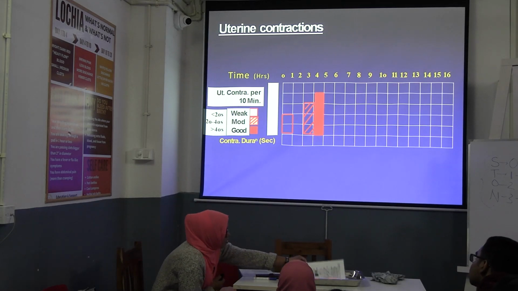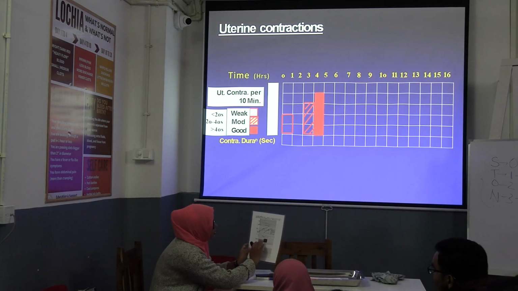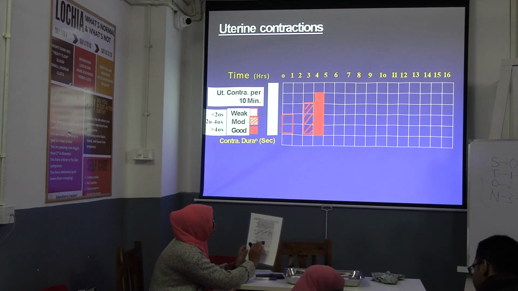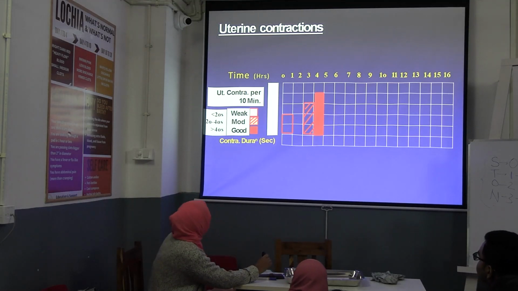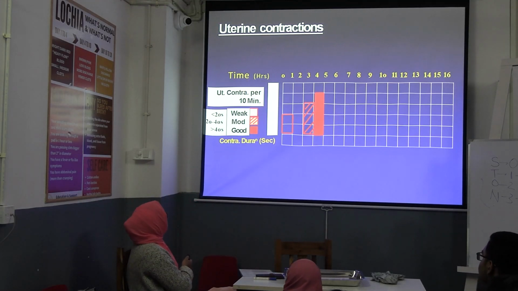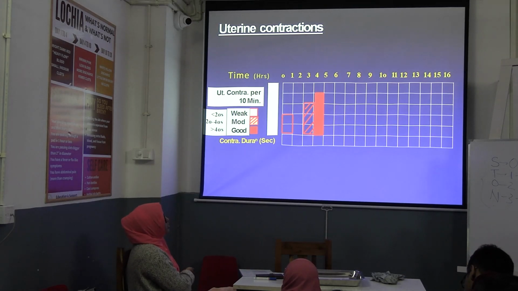Here you can see this is moderate and this is good or severe contraction, and dots are mild contraction. How do you say it is weak? If it lasts less than 20 seconds. Moderate, lasting for 20 to 40 seconds. If it lasts for more than 40 seconds, that is good contraction.